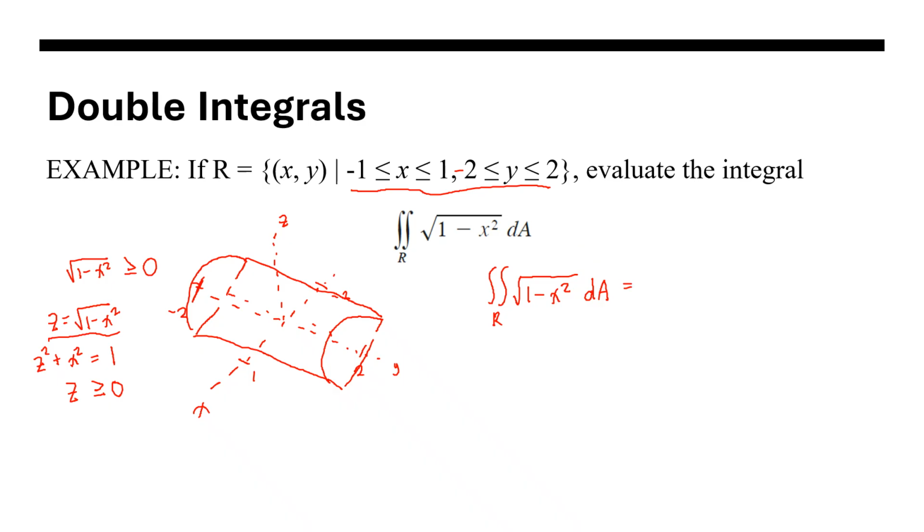Since we have half of a cylinder, that would be equal to 1/2 times pi, and the radius is 1, so you have 1 squared times 4. That is 1 times 4 times 1 times pi times 1/2, so you have 2 pi. So the volume under that cylinder is equal to 2 pi.